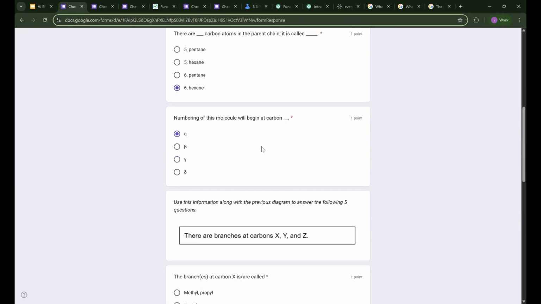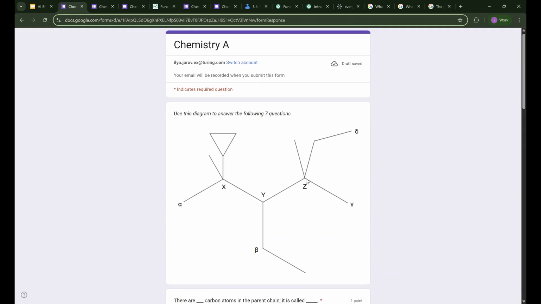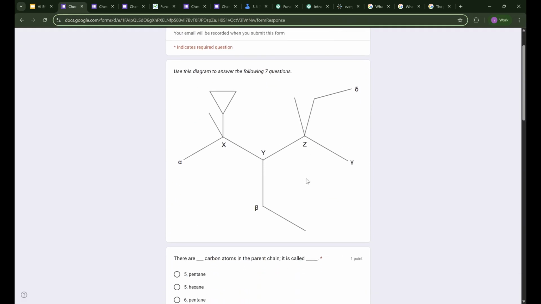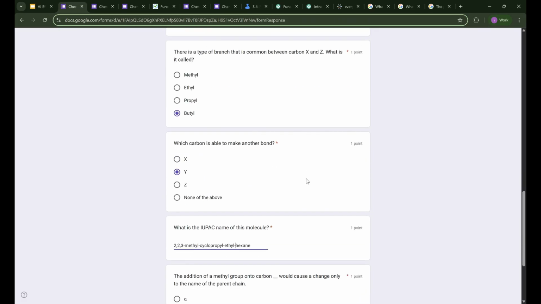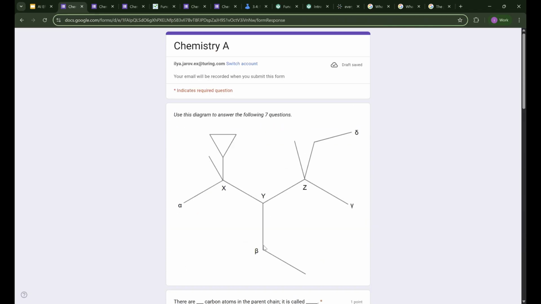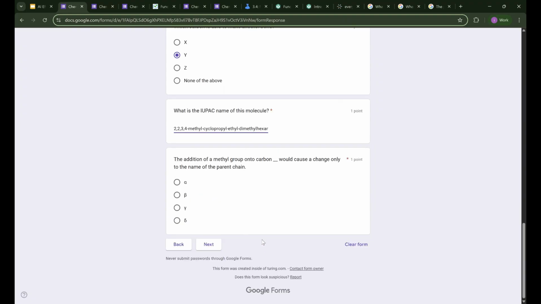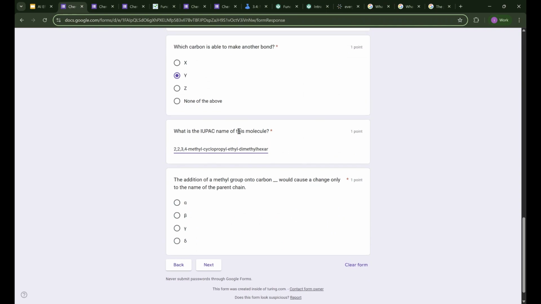And let's keep going. 4. That looks like a dimethyl. Hexane. 2, 2, 3, 4 methyl cyclopropyl, ethyl, dimethyl, hexane. I think that's correct.